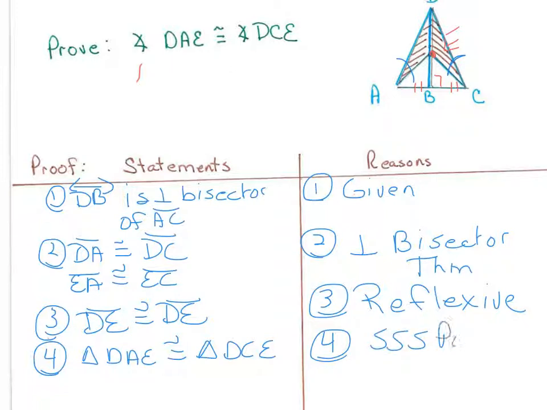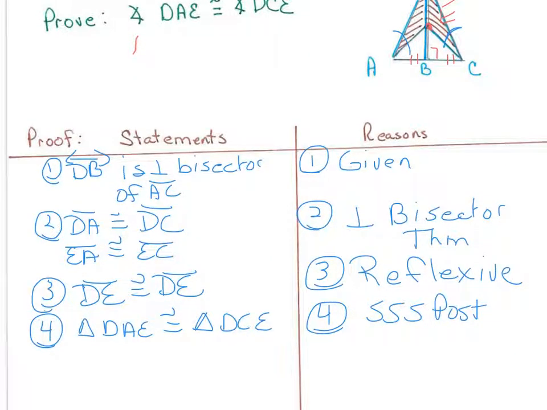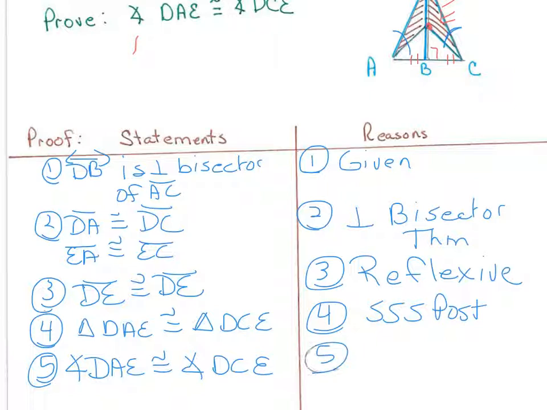SSS postulate. All right. Can we now prove the angles are congruent? Yes. All right, so angle DAE is congruent to angle DCE, and that is because of CPCTC.